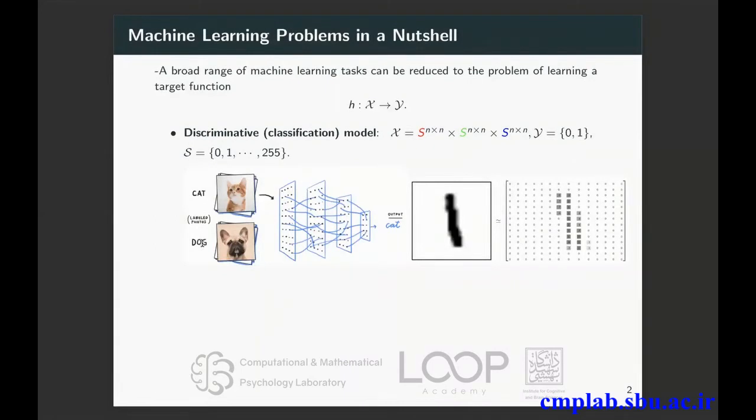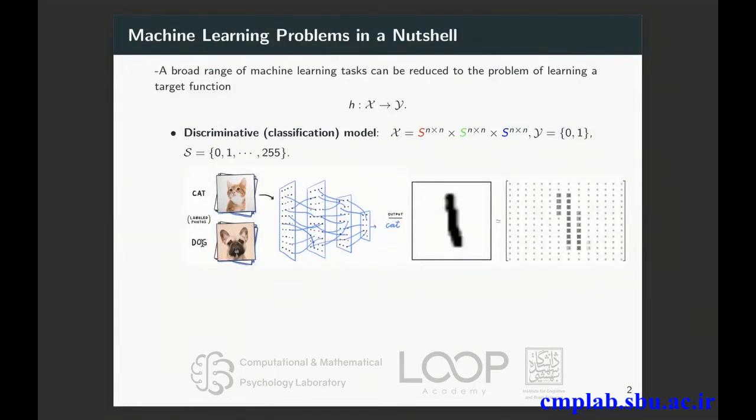classification models. In classification models, for example, you have an image, and this image can be represented as a matrix. Each pixel in this matrix takes a value. For example, if you assume a grayscale image, then each pixel has a value from 0 to 255.